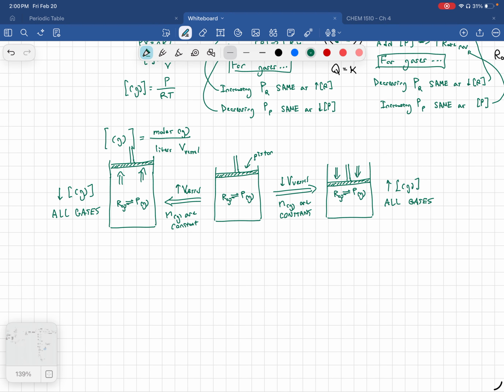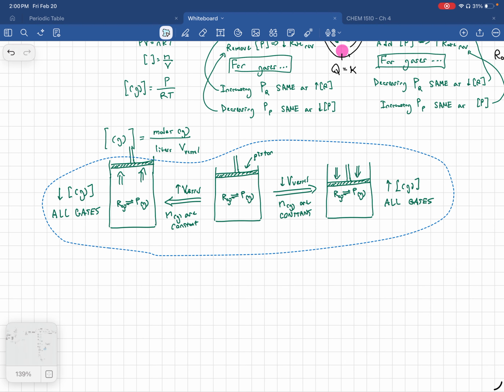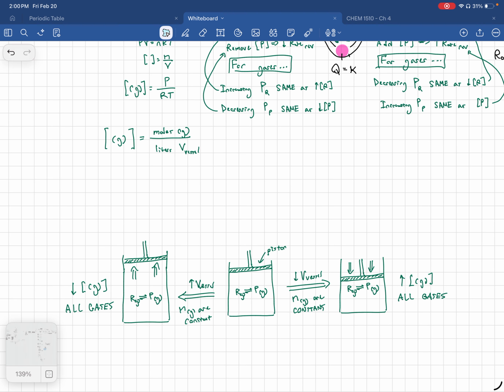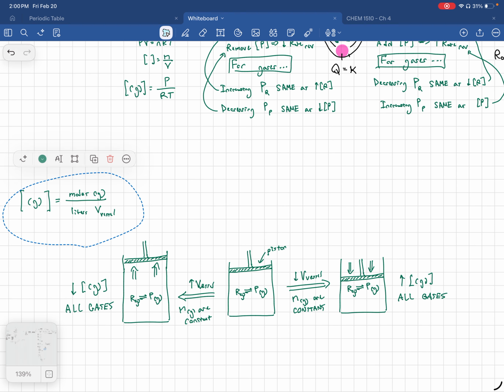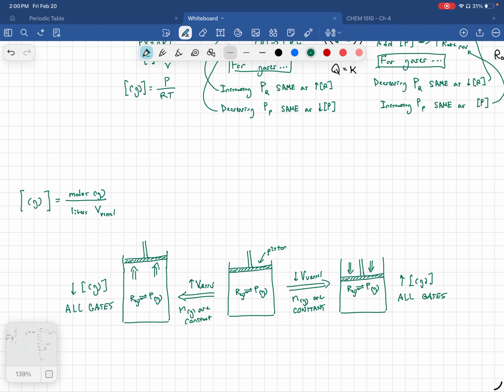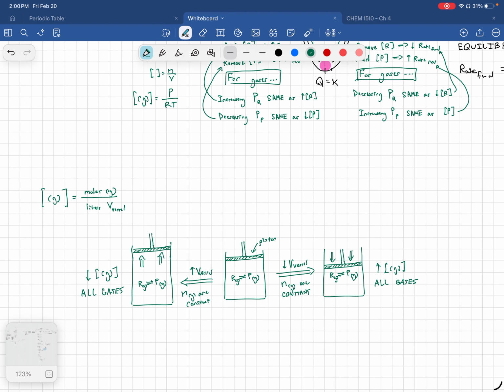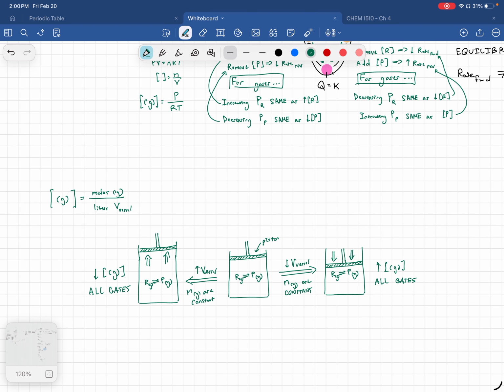So we can see now that changing the volume of a container affects the concentration of any gases within that container. Note that won't affect the concentration of things in liquid, because things that are dissolved in a liquid, liquids are incompressible.